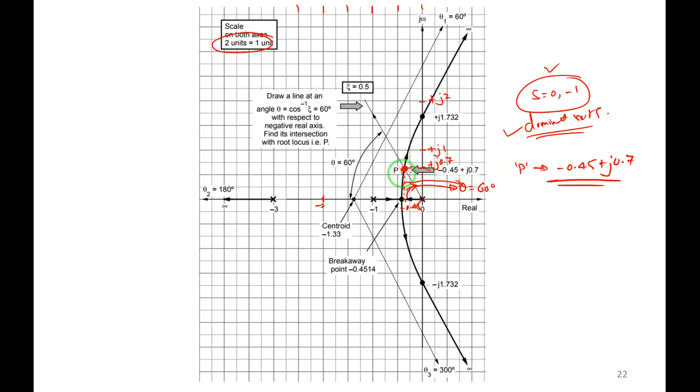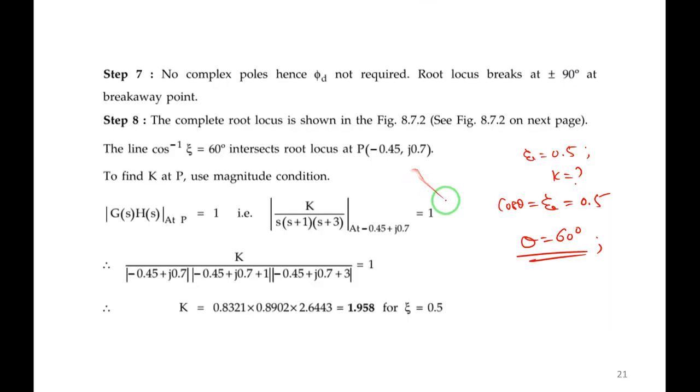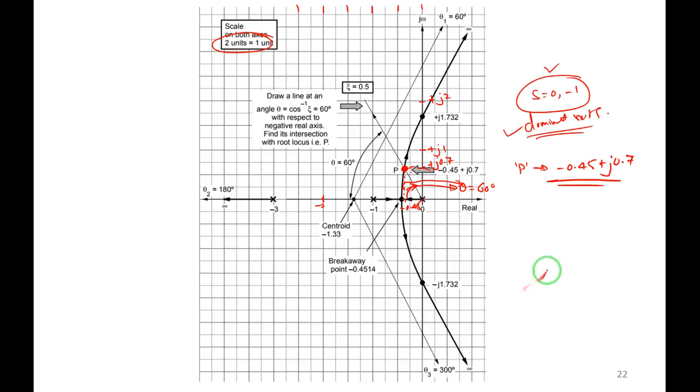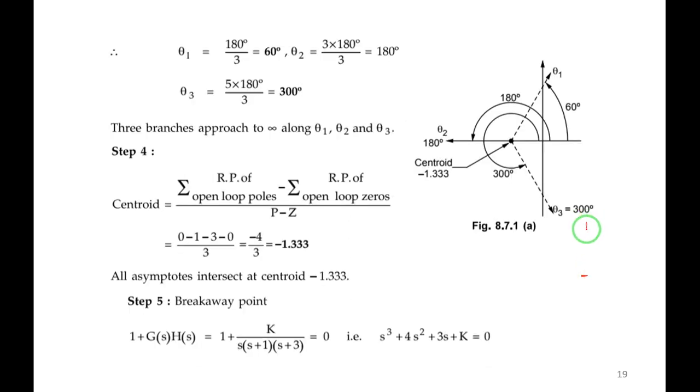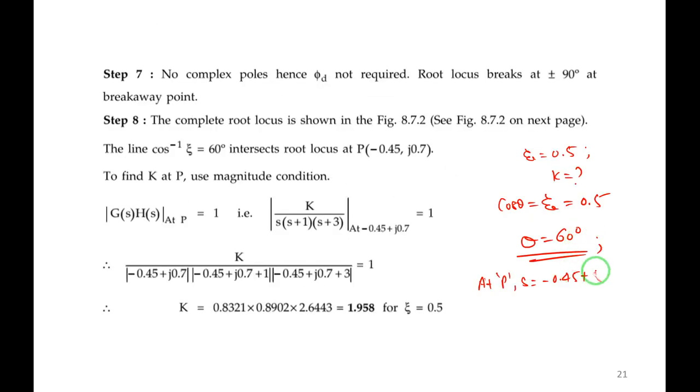So this is the value of s here. It is intersecting here, so at point P the corresponding value of s is minus 0.45 plus j0.7.